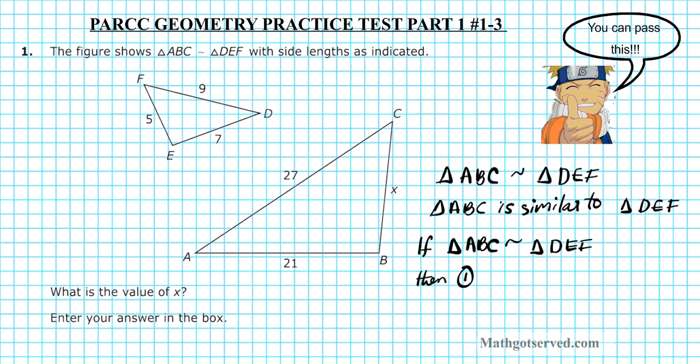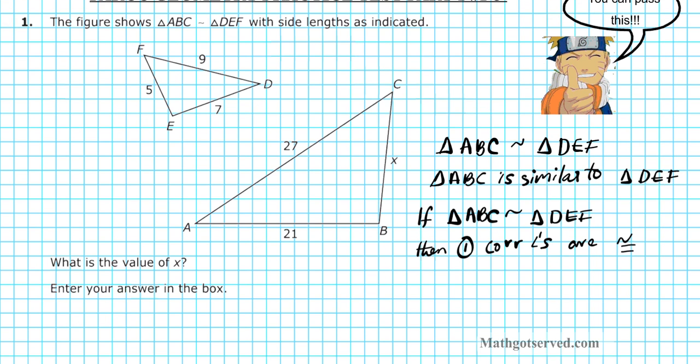Condition number 1, corresponding angles are congruent. And condition number 2 is that the ratio of corresponding sides are in proportion.